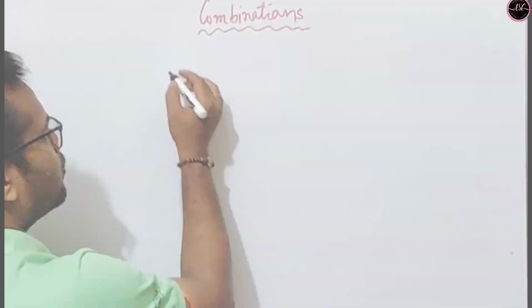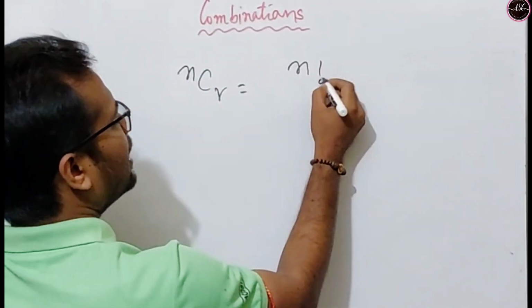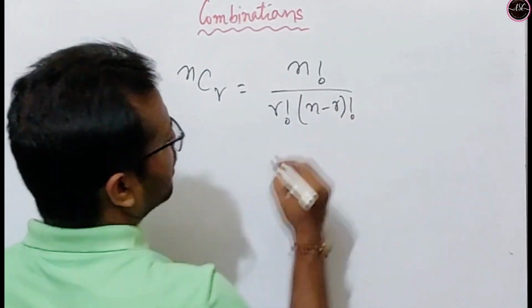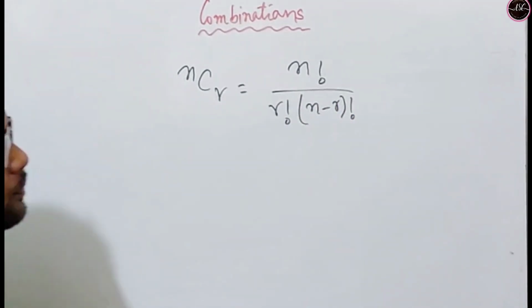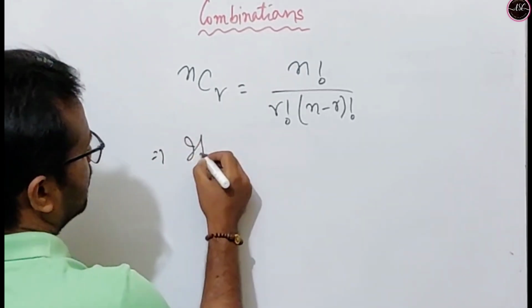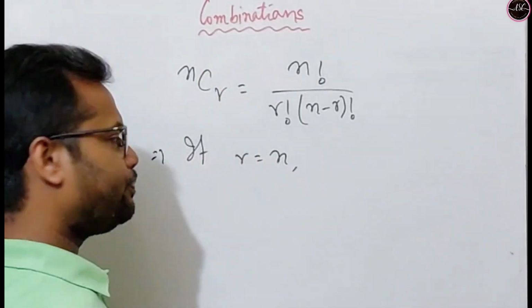Okay, clear? We have seen that nCr equal to n factorial divided by r factorial into n minus r factorial. So here just see, if r equal to n, then what will be the value of nCr?